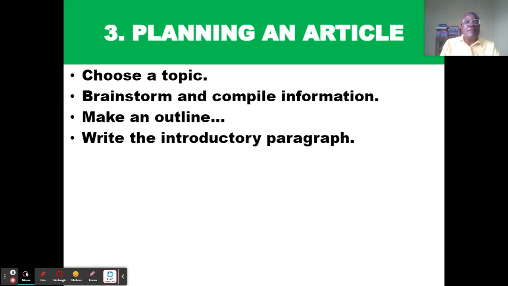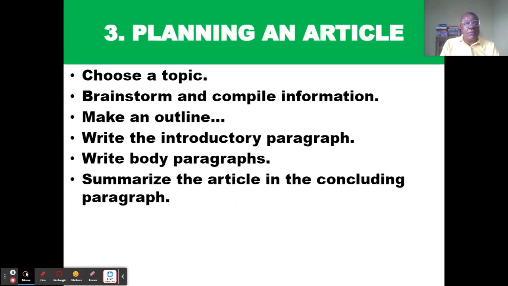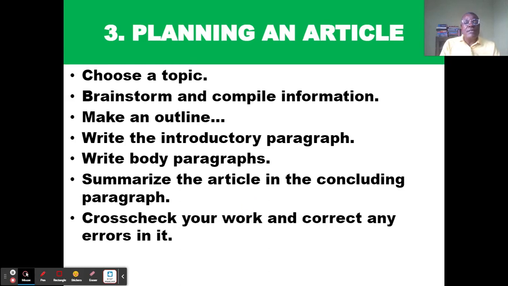Make an outline, write the introductory paragraph, write the body paragraphs, summarize the article in the concluding paragraph, okay? Cross-check your work and correct any errors in it, then you are good to go. Very simple steps in planning your article. When you understand how to plan any form of writing, then of course you can write it exceedingly well.